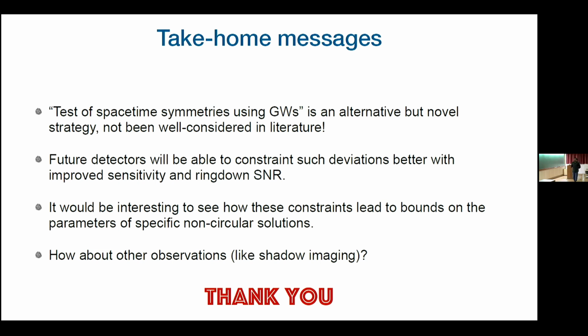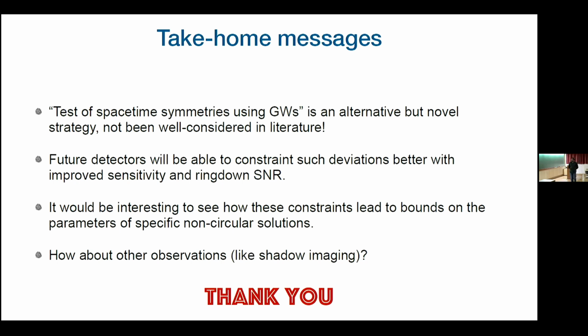Second, if you consider future detectors, there will be improved sensitivity and the ringdown SNR will also increase. The SNR we have considered so far is of the order of 10. But if you consider, let's say, ET and this kind of detector, the ringdown SNR will be quite high, and you should be able to constrain this deviation parameter much better.